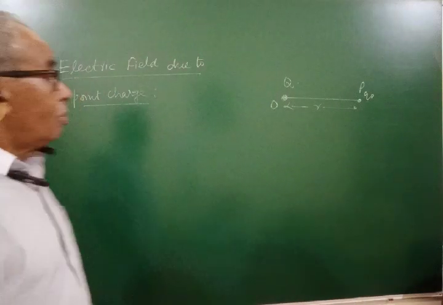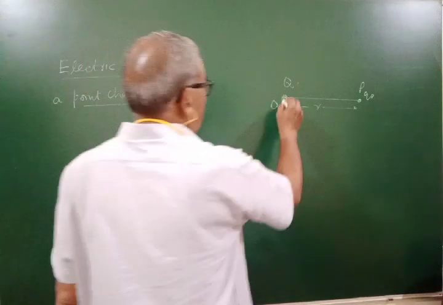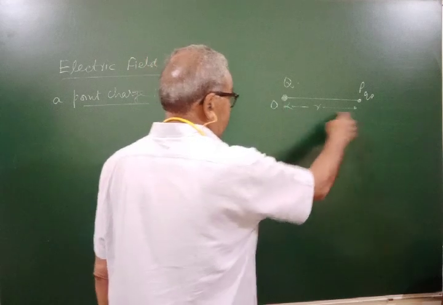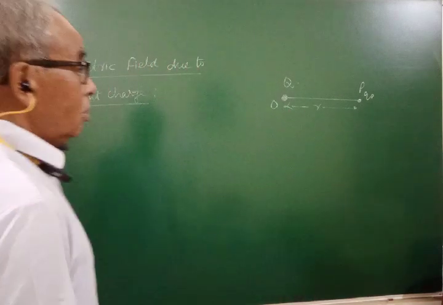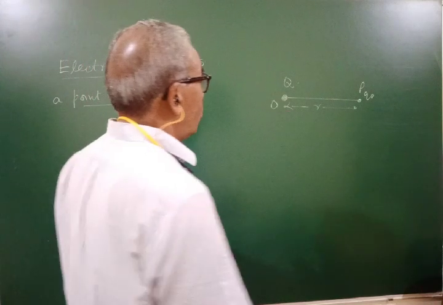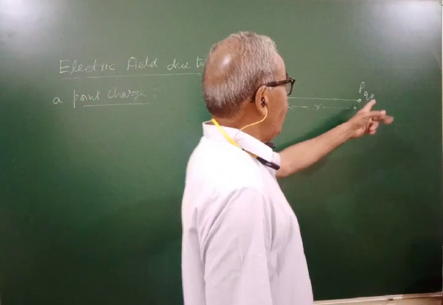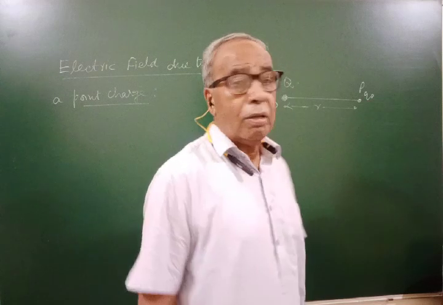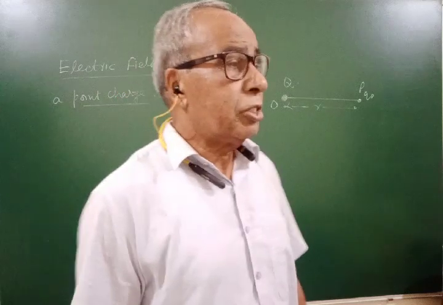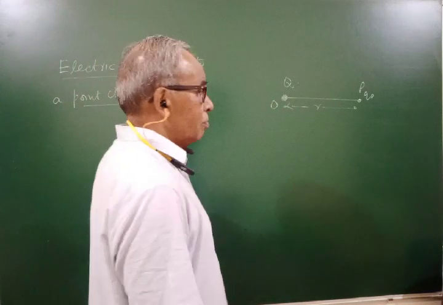Now here, we will try to find out how strong a field will be due to a point charge at a distance r. So let a point charge be placed at point O, and there is a point P where we want to find the electric field. It is at a distance r from it.